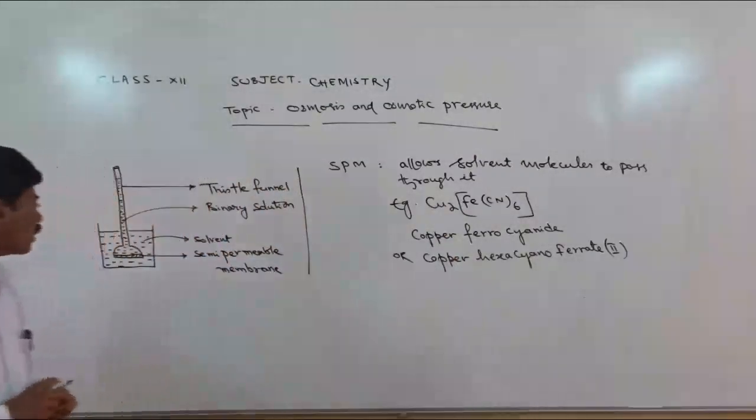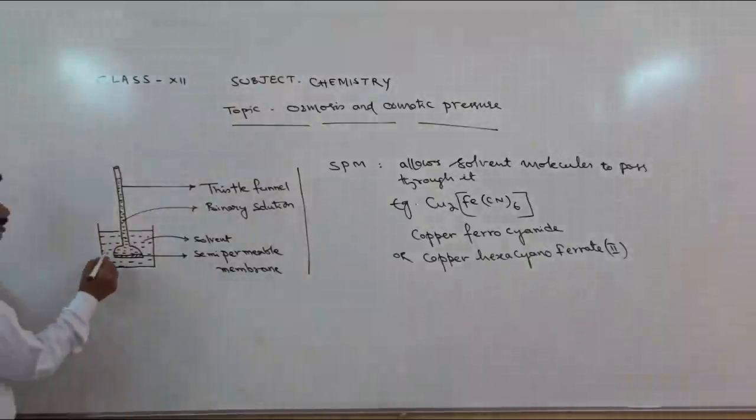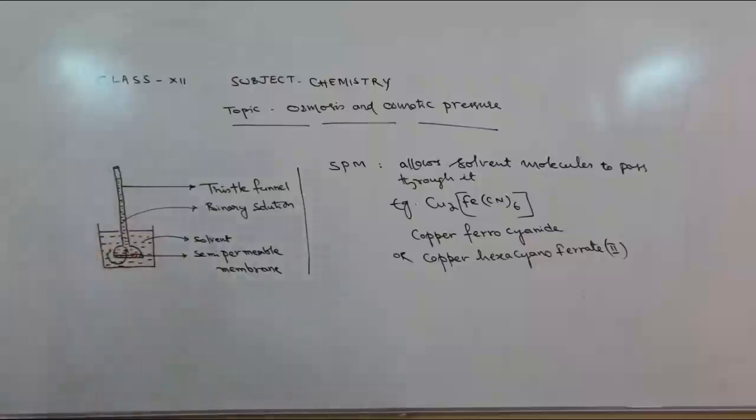During this process, the thistle funnel is kept as shown in the diagram. Now from the beaker, solvent particles begin to enter the thistle funnel, that is the solution, via the semi-permeable membrane.